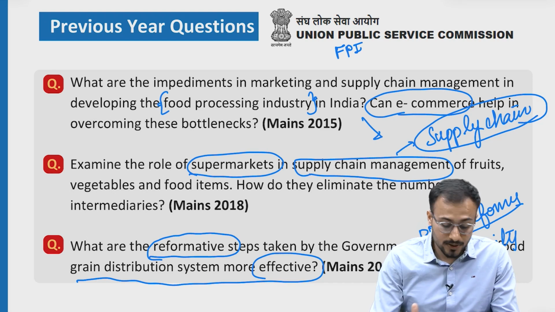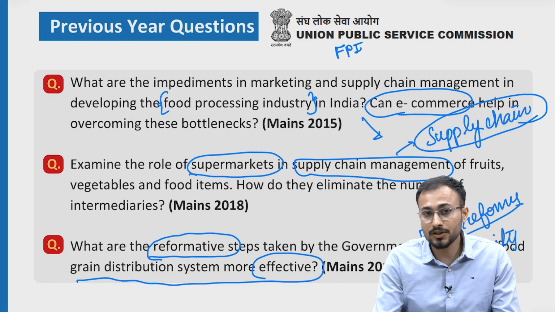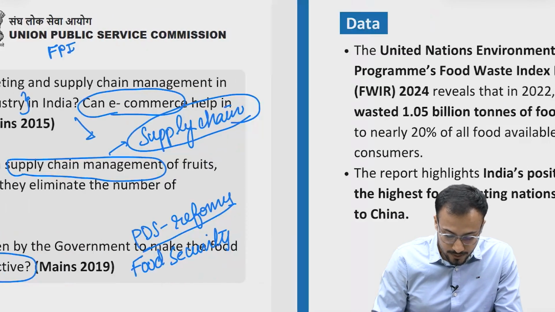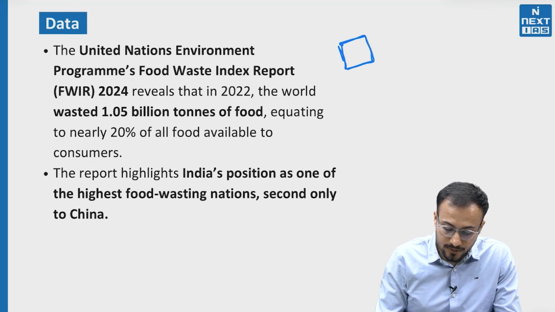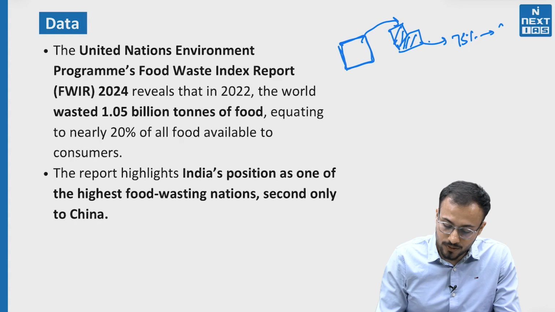So the article mentions the food which is available to the consumer and then it is wasted. But apart from that, for example, let's see, if this is a farm and this here is 100% of its produce. Out of this produce, due to post harvest losses and other losses, only let's say 75% is available to consumers.